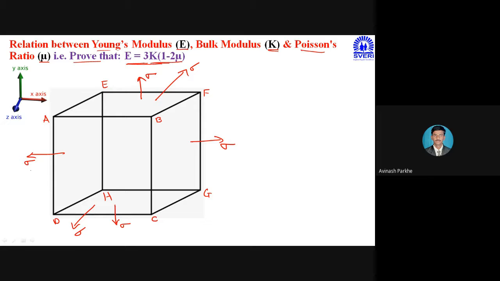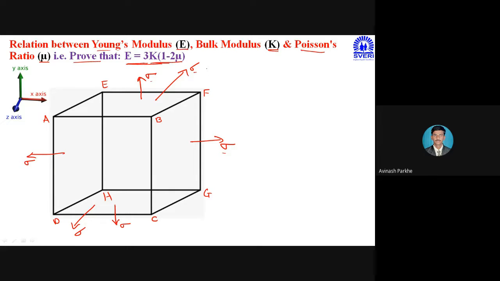Here, instead of representing the forces in X, Y, and Z direction, we have directly represented sigma developed in the X direction, another sigma developed in the Y direction, another sigma developed in the Z direction. Sigmas being represented means this particular cube is already subjected to some amount of force in the X direction, some amount in the Y direction, and some amount in the Z direction.